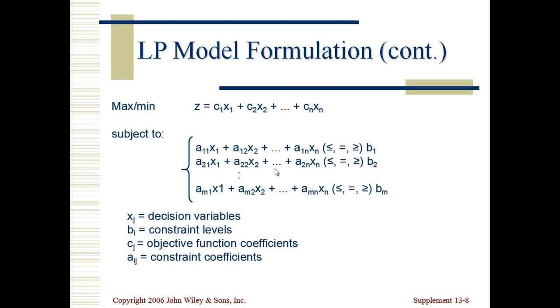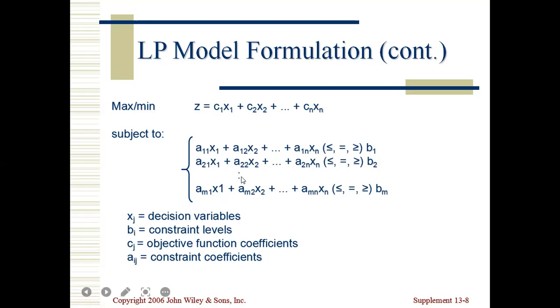And subject to, these are all linear inequalities, less than or equal to or greater than or equal to b1. a21 x1 plus a22 x2 plus dot dot a2n xn less than or equal to or greater than or equal to b2, and so on.